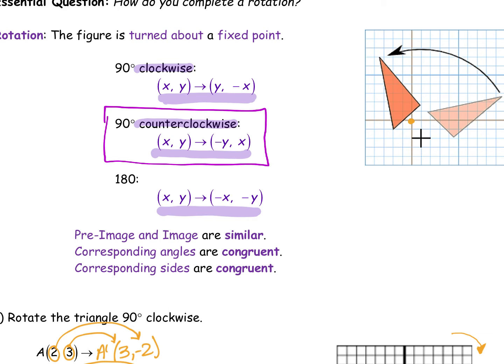Okay. Counterclockwise says x, y becomes -y, x. My x and y switch, and then the sign changes. For the next one, if I'm rotating 180 degrees, I'm going to keep them the same, but the sign changes. If it's negative, it becomes positive. If it's positive, it becomes negative.